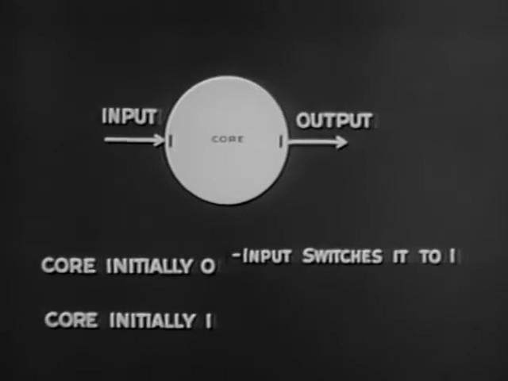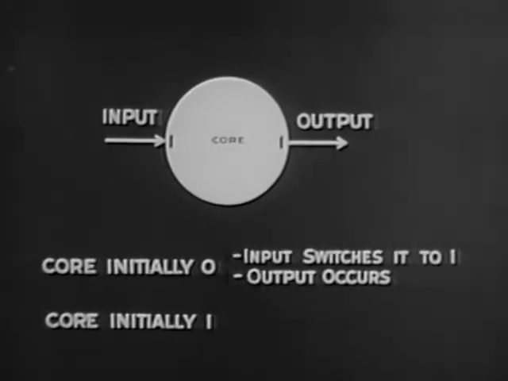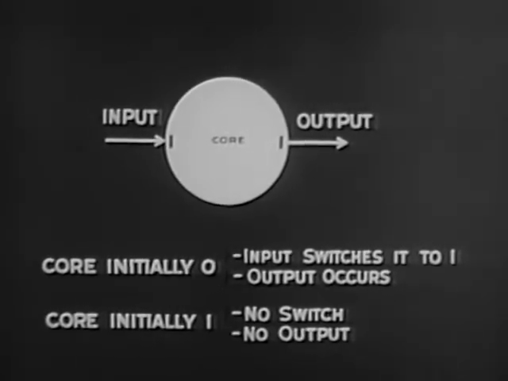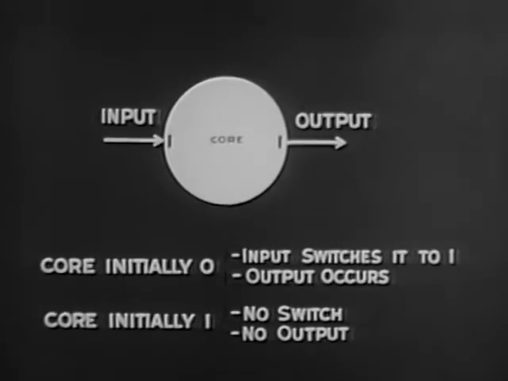If the core is initially 0, the input switches it to 1, and an output occurs. If the core is initially 1, there will be no switch. Therefore, no output, since there will be no change in the flux of the core.